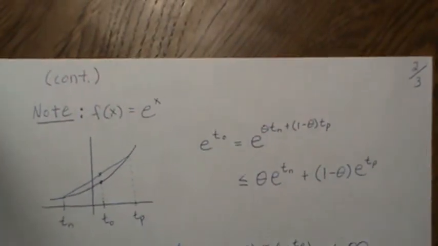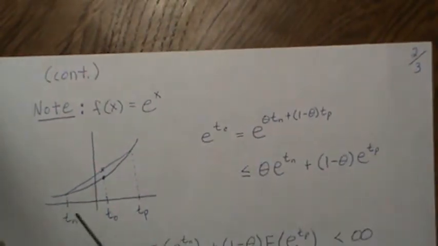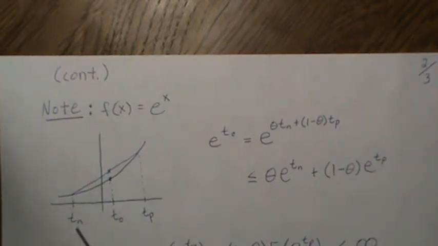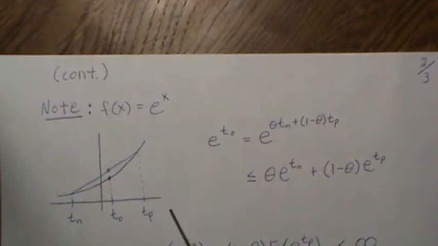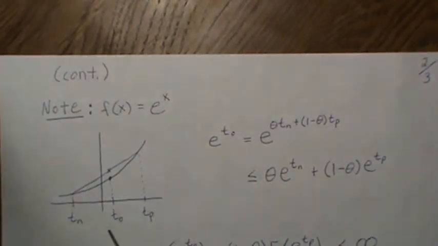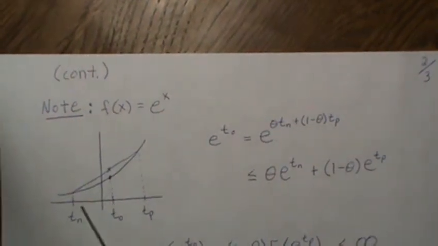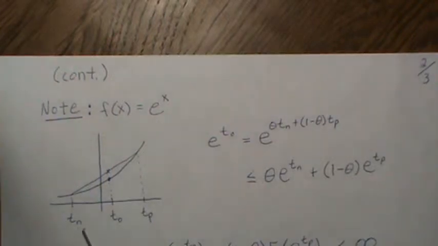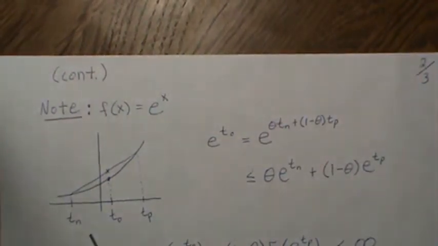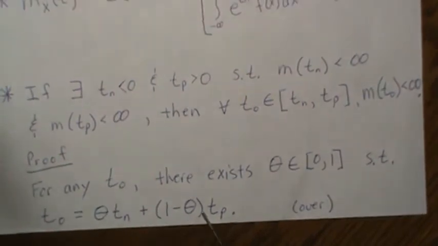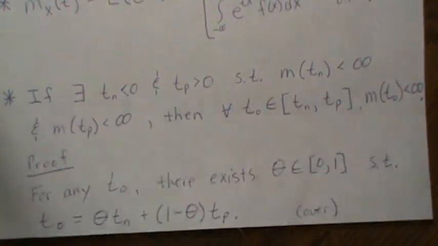One note before we go on is that t_n is a negative number, t_p is a positive number, and t_0 is some value between them. We can develop a linear combination of those, and that's what I just said: this value t_0 is a linear combination of those.